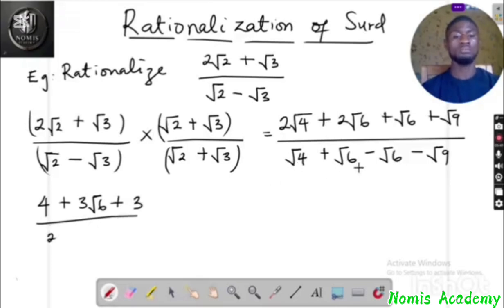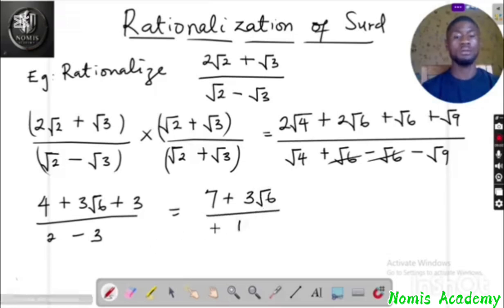Now plus root 6 minus root 6 is 0, so this cancels this. So I'm left with minus 3. So what we have here is now 4 plus 3, which is just 7, plus 3 root 6, all over 2 minus 3, which is minus 1.